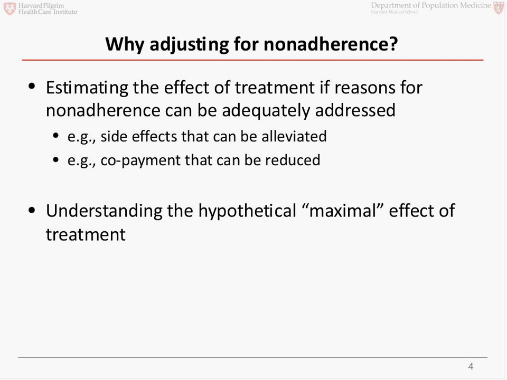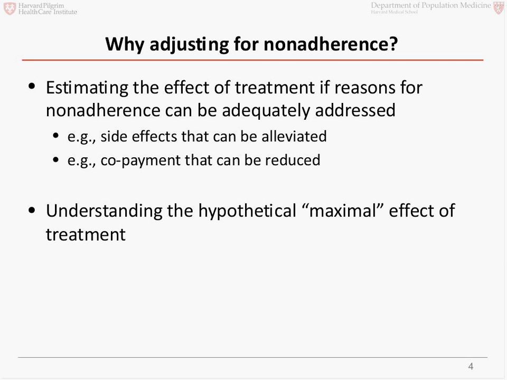So in this case, we want patients to continue to take their medications because the reason for stopping the medication can actually be managed. Sometimes it might be because of high co-payment, which can also be addressed by, for example, reducing the co-payment or even giving drugs for free. So in this case, you will also be interested in seeing what the effect will be if the patients are continuously taking their medication.